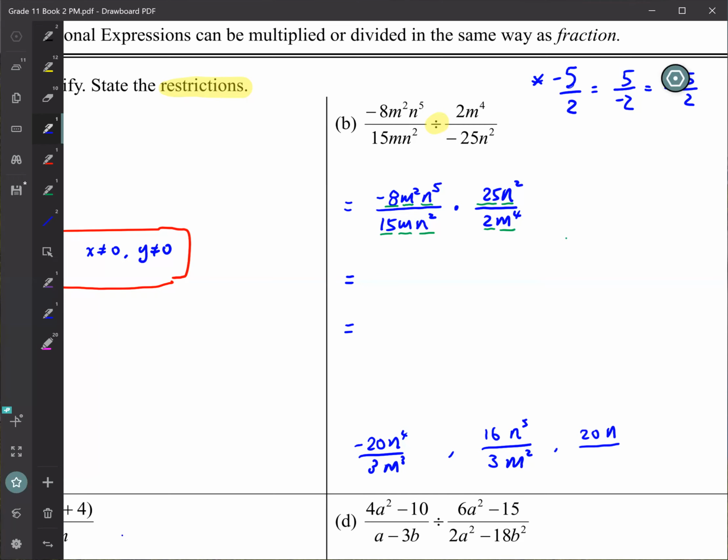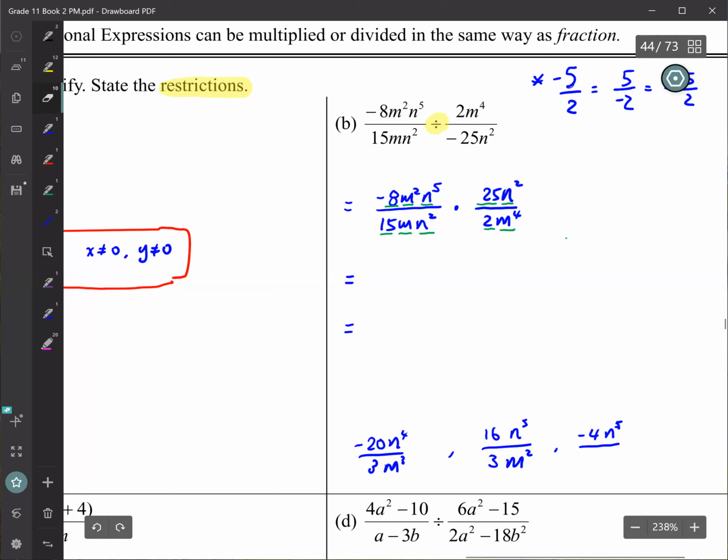Okay, let's start over, okay? What's on the numerator? -4 and 5. n to the 5. Oh wait, that's -20 and 5.